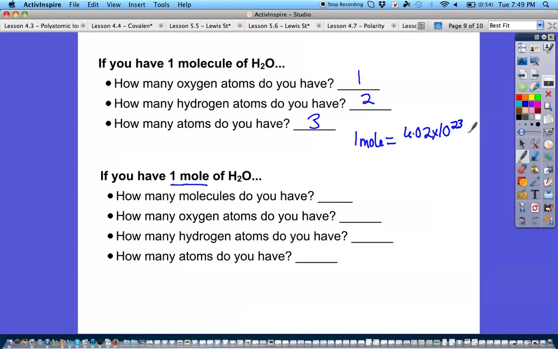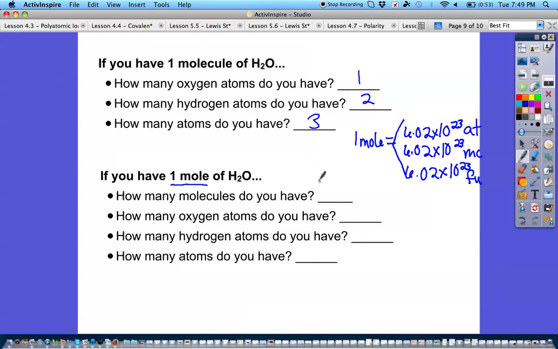And this can be atoms, or we can have 6.02 times 10 to the 23rd molecules, or 6.02 times 10 to the 23rd formula units. It's whatever the representative particle is. It depends on if we have just a single element, if we have covalent compounds, or if we have ionic.